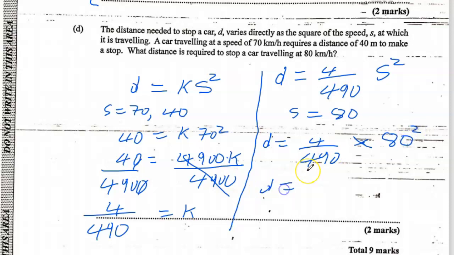So d equals 4 divided by 490 times 80 times 80, that would be equal to 52.24. So 52.24 kilometers.